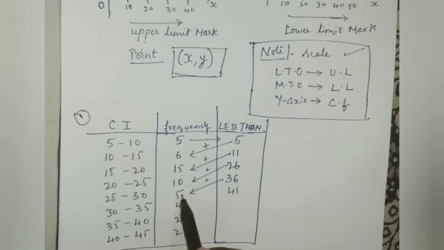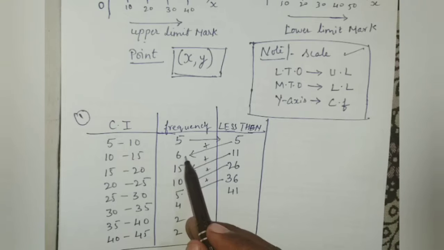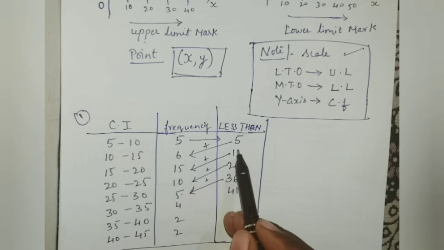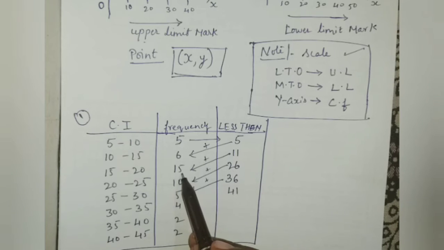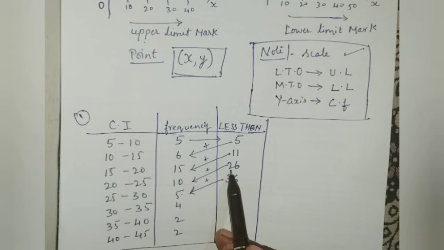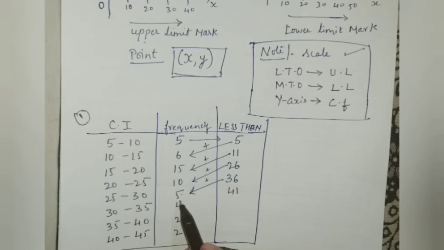See, for whichever number I'm adding, in that column only I'm writing the answer. I'm adding 5 to 6, and in the same row I'm writing 11. Again I'm adding 11 to 15, so I'm writing 26 in the same row, like that. While adding 36 plus 5 is 41, I'm writing in the same row.